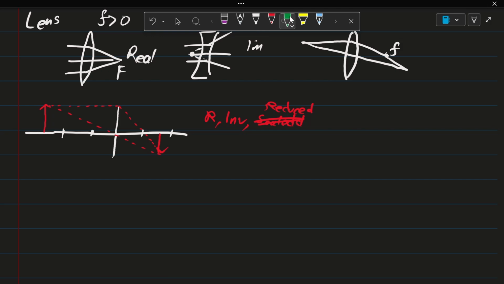But what if we extend this from the radius of curvature towards the focal length? We could do the same extension, but the only difference is the light going through the center of the lens. We see that there's an enlargement within your light. So it's real, it's inverted, but it is enlarged for anything in between the focus as well as the radius of curvature.